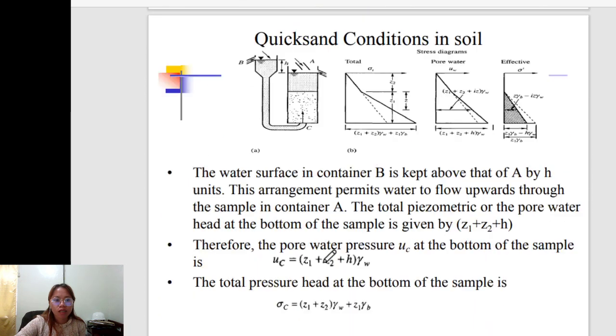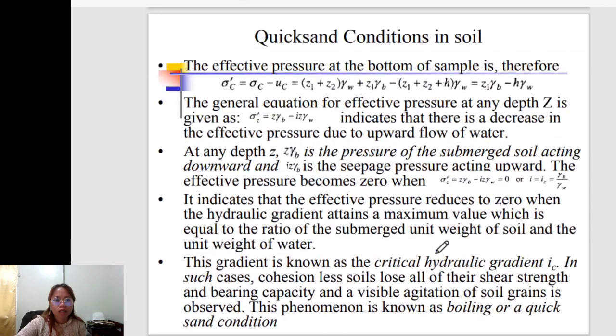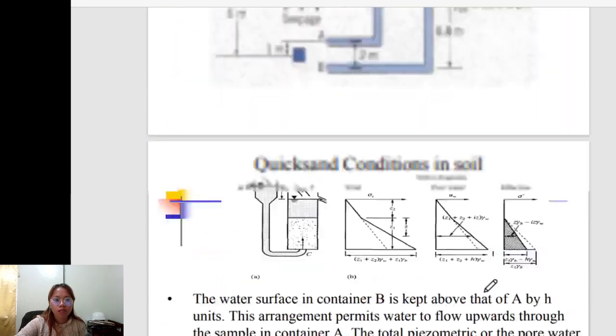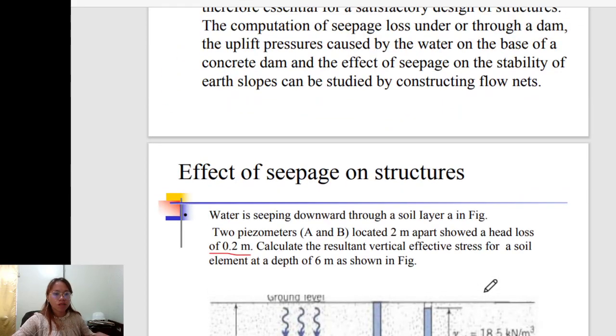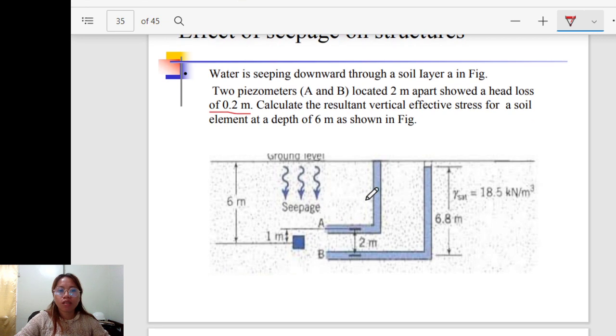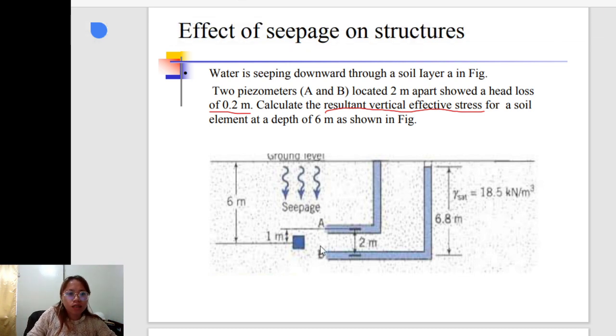So the solution. Okay, for the solution of this one, we are required to determine the resultant effective stress for a soil at 6 meters.